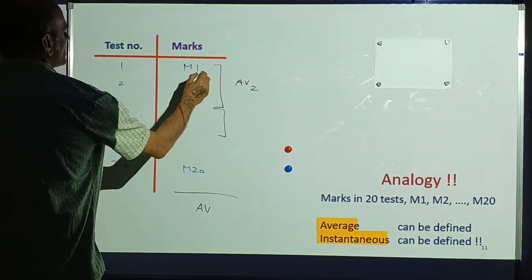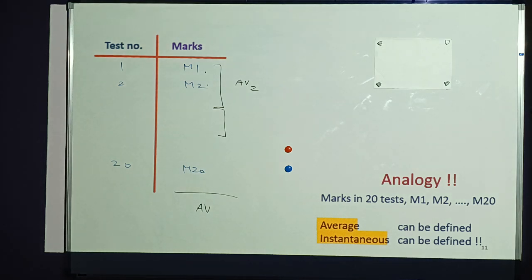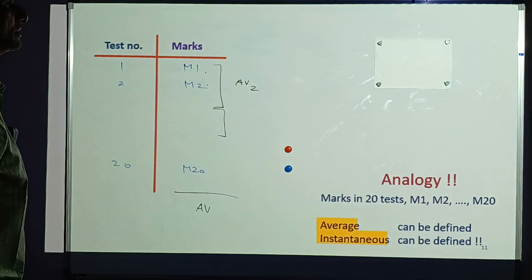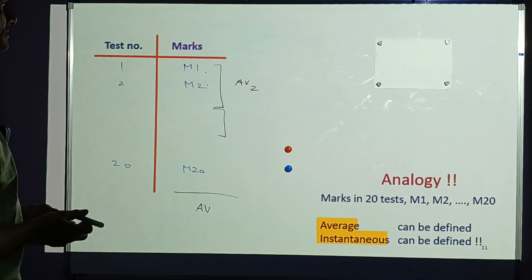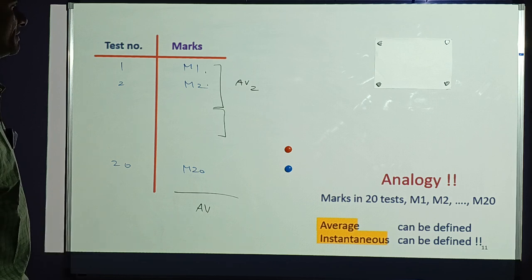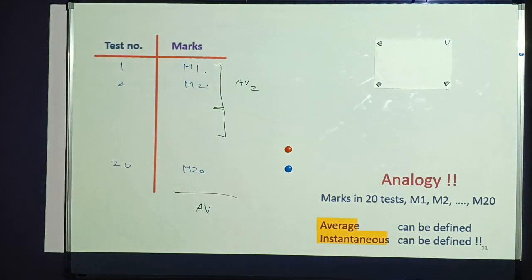And if I look at the individual marks, it shows how the performance is fluctuating every week. So making sense of the individual values is like instantaneous velocity. But making sense of the average values, average can be for a large time interval or for a short time interval. That gives the average, it's like an average velocity.